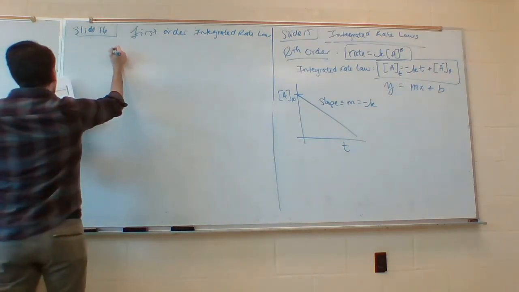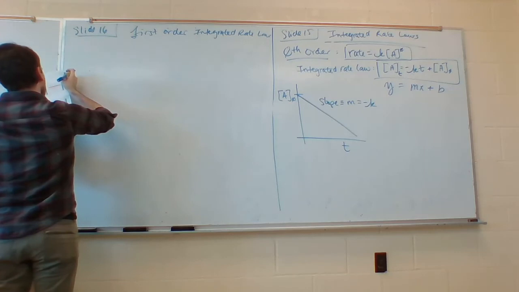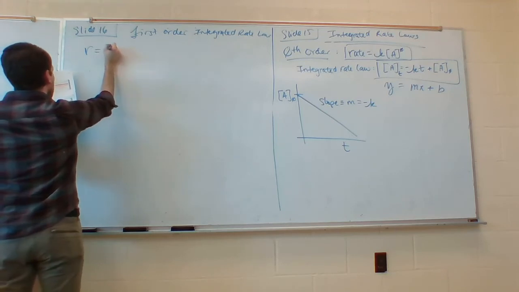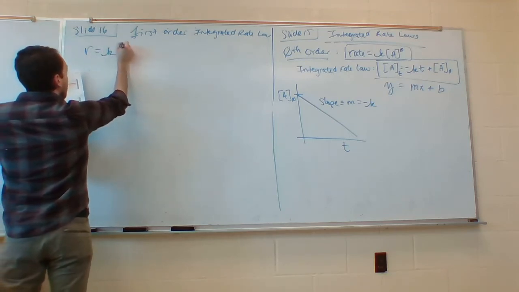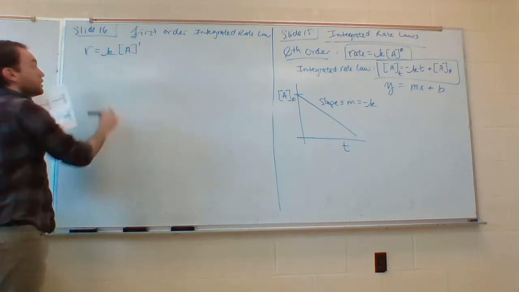For your first order, we start with our differential rate law, which was that the rate was equal to our rate constant times our concentration of A to the first power.